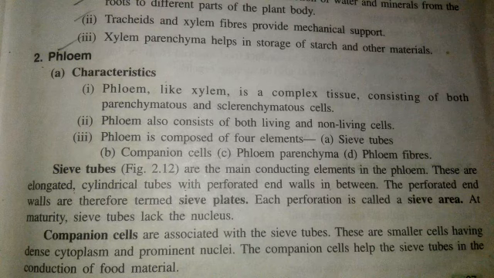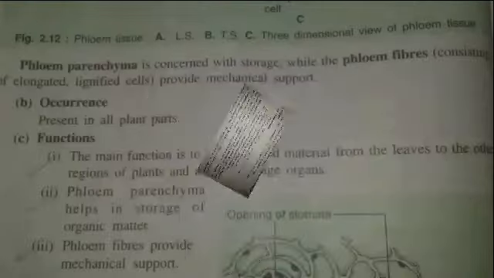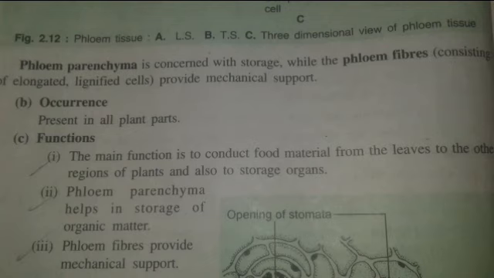These are smaller cells having dense cytoplasm and a parenchymatous nucleus. The companion cells help the sieve tube in the conduction of food materials. Phloem parenchyma is concerned with storage work, and both xylem parenchyma and phloem parenchyma have the same function of storage, while phloem fibers consist of elongated lignified cells providing mechanical support.